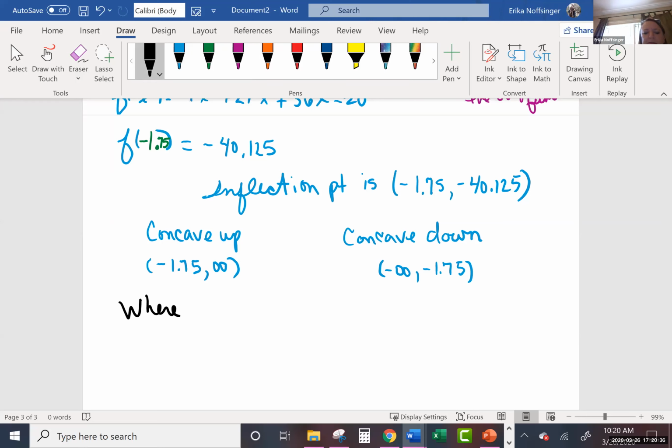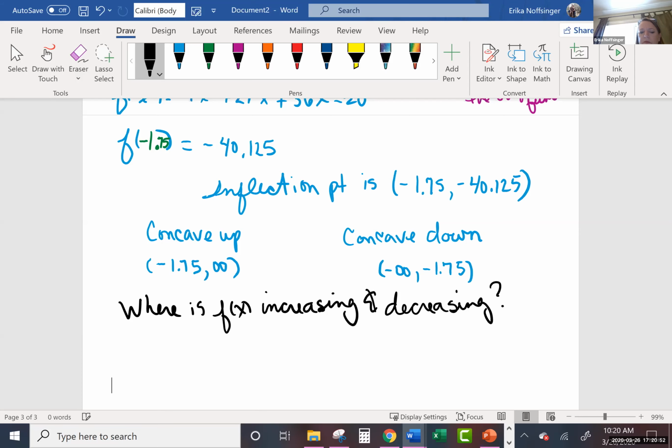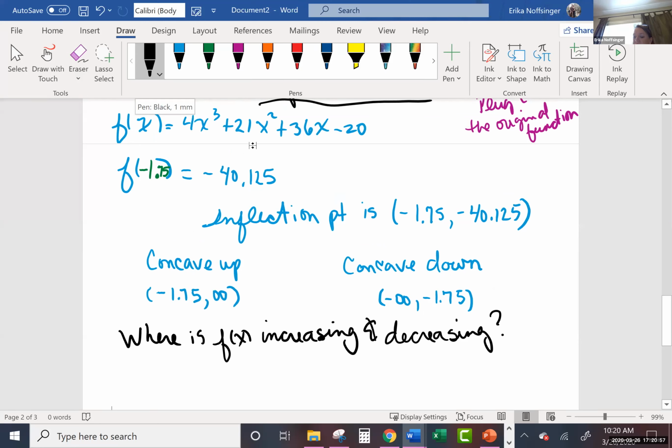So where is f of x increasing and decreasing? Okay, so we needed to find the first derivative for that.